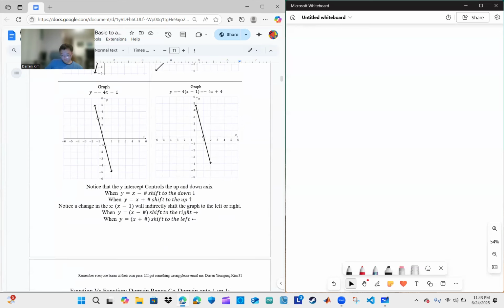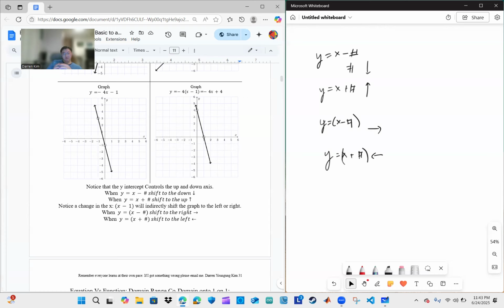And then I finally do these four because these showcase what this is. So when you have a general function, and this is beyond just linear functions, but for now we're talking about linear. If you have a number like this, it shifts down. If a number like this, it shifts up. If you have a number like this, it shifts to the right. If you have a number like this, it shifts to the left.